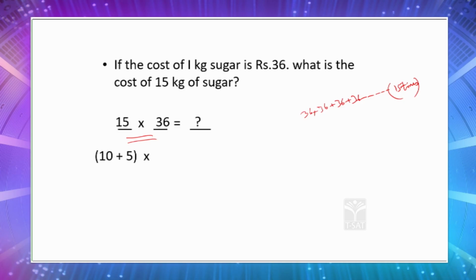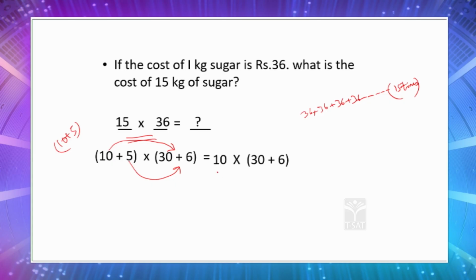In 15, there are 10 plus 5, so 5 in the ones place and 1 in the tens place. In 36, we have 30 plus 6 by using place values. Next, we multiply 10 with 30 plus 6, and after that 5 with 30 plus 6, and then add the results.